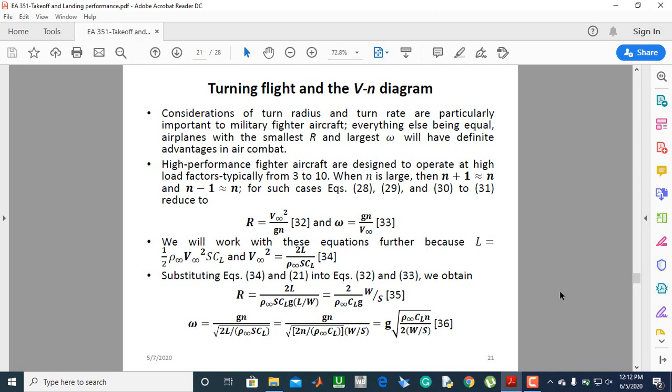And in that case, the 1, we can safely ignore it. And when we do that, the turn radius will be given by v squared divided by g n, and omega is equal to g n over v. And so these are simplifications.